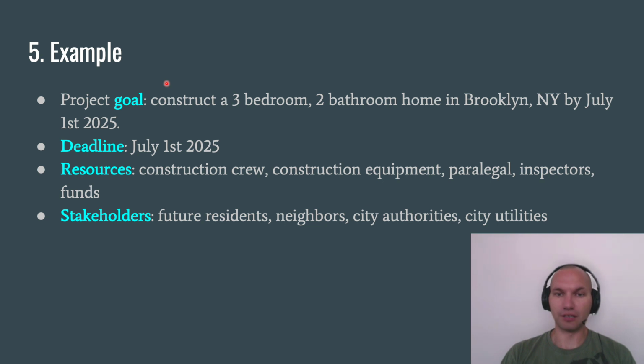And then, of course, the neighbors are going to want to let them know that you are a project manager on this project and you will be causing all kinds of ruckus and noise for the next, what looks like 5 months from our previous schedule, because you are trying to build a big, beautiful home for future residents. And then, of course, you'll need to go talk to city authorities to make sure that all the permits are submitted and they're being processed.